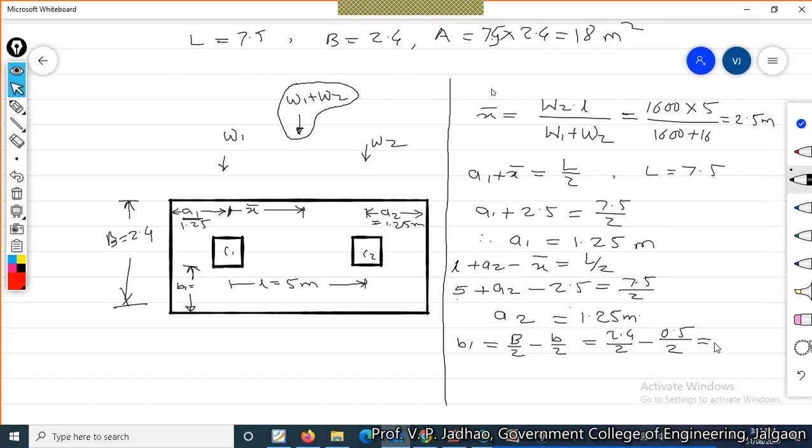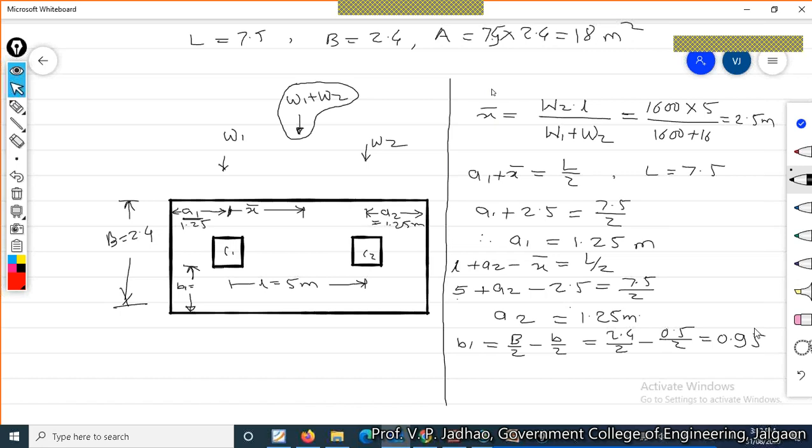So how much will b1 be? This will be equal to 0.95.